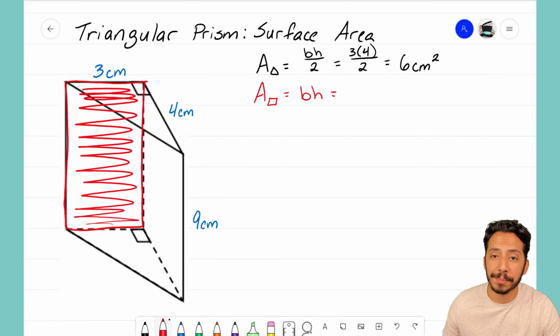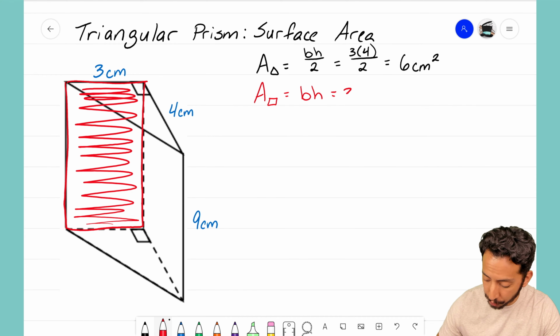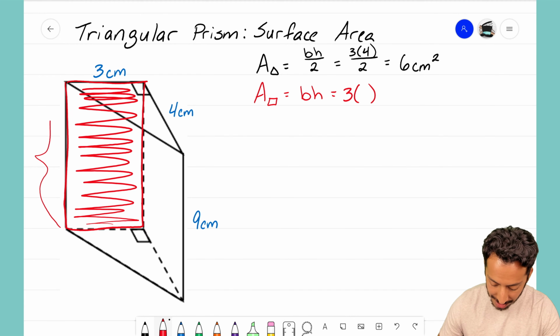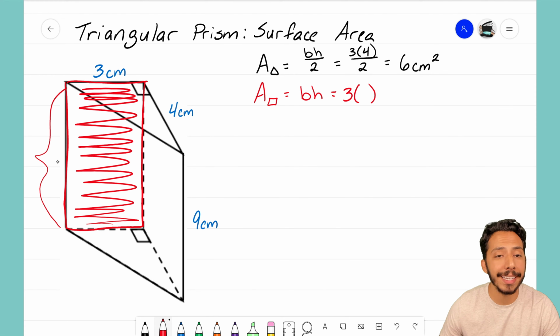Well, base times height. The two side lengths for this rectangle: I see that the top side is 3 centimeters, so I know I'll be incorporating 3 in there. Now I have to find the height, or the length, of this rectangle. Notice that this height right here is actually the same height as the entire prism.